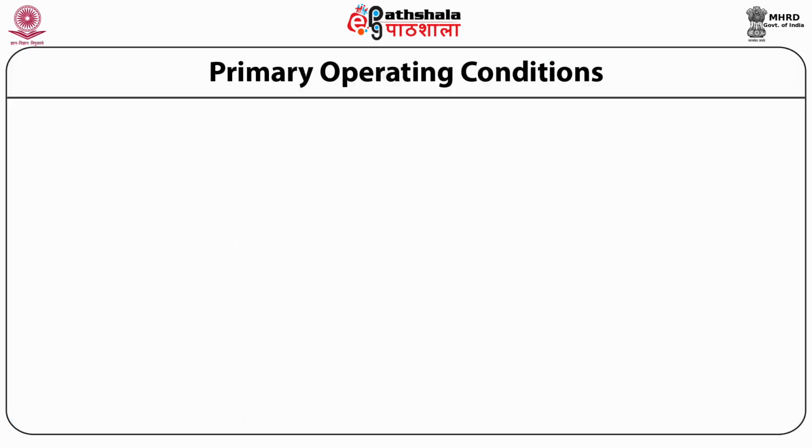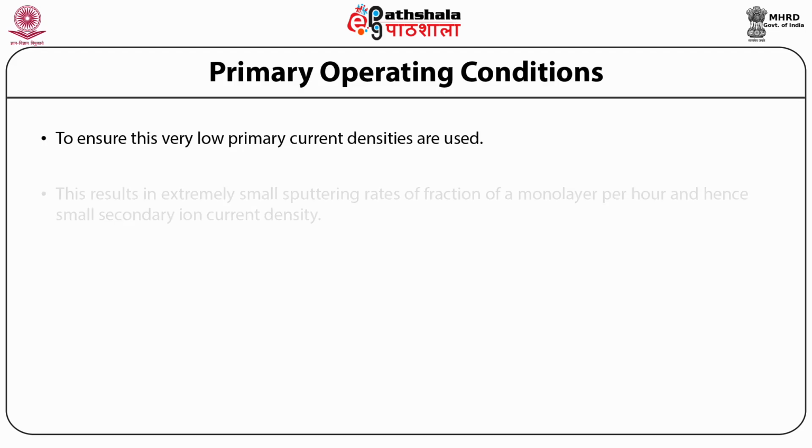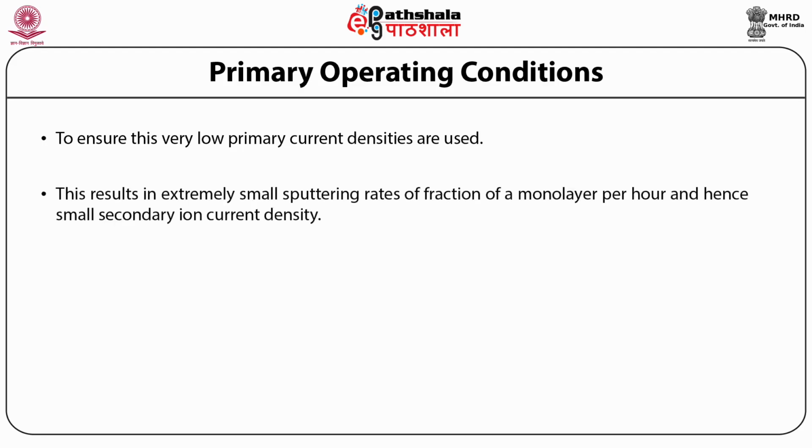Primary operating conditions have been described. To ensure this, very low primary current densities are used. These have been given here. This results in extremely small sputtering rates of a fraction of a monolayer per hour and hence small secondary current density.